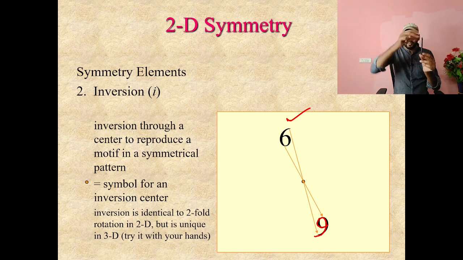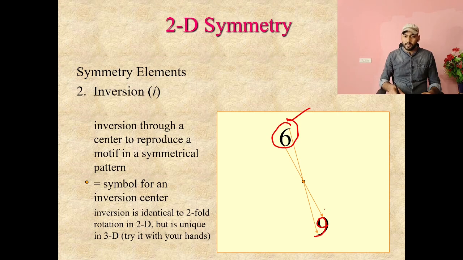This is called inversion. Top and bottom become opposite. So that's how the 6 becomes 9. This is inversion symmetry, or the center of symmetry, which we represent as I.